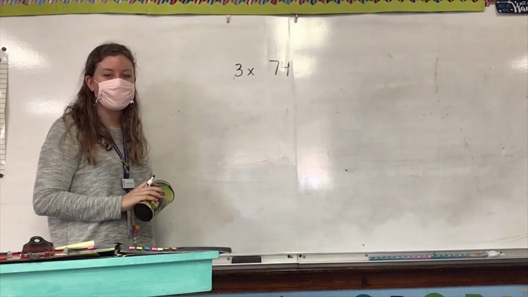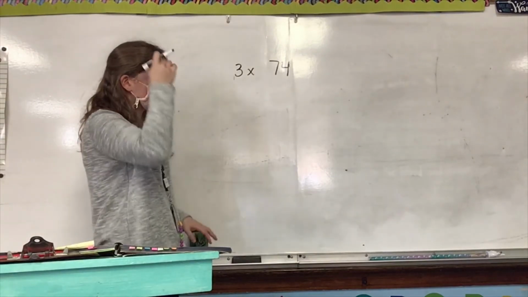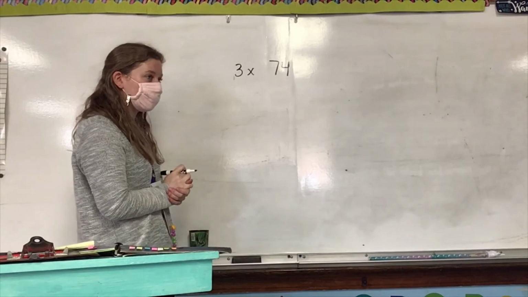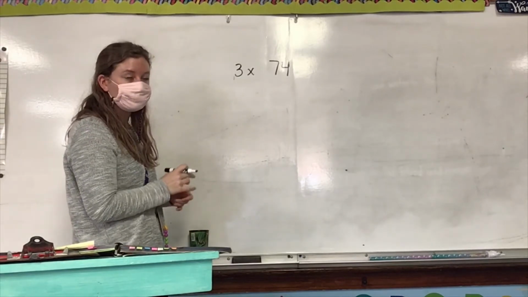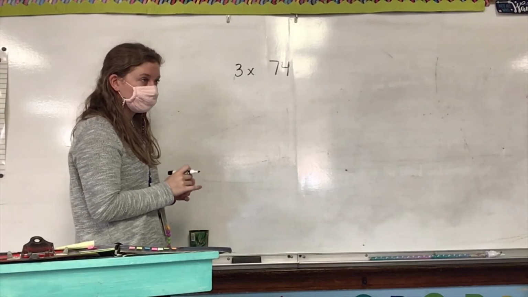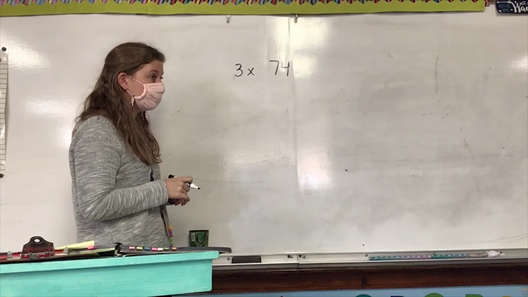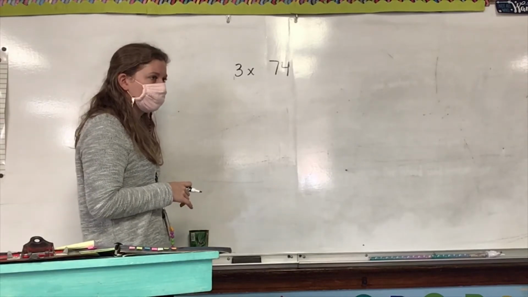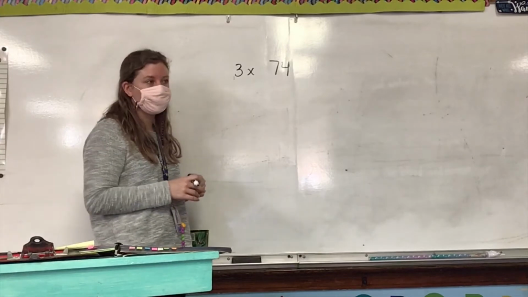Okay, what's the very first thing you should do, Zadie, when you're using distributive property to multiply? Very first thing you would do is you would put 3 times 70 in parentheses. How do we know that we do that? Before we even start writing our equation, what do we need to do?